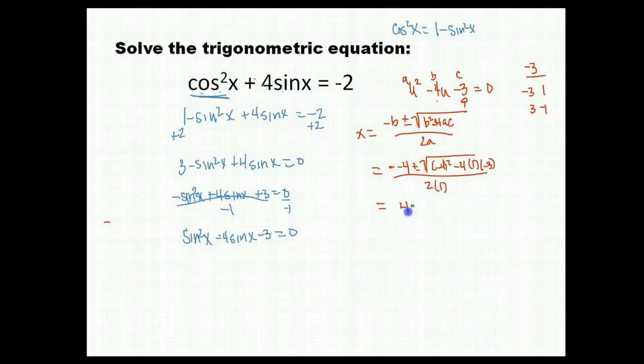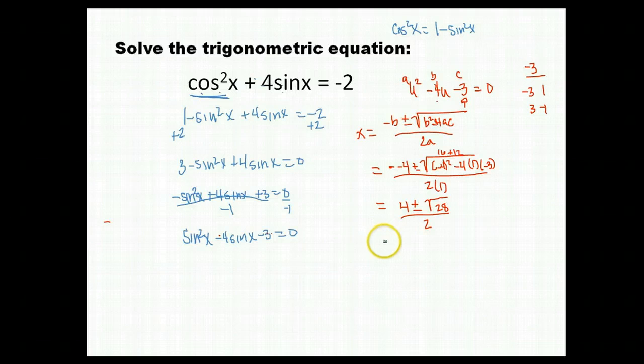Okay, here I get 4 plus or minus, negative 4 squared is 16. Negative 4 times 1 times negative 3 is a positive 12. So we go ahead and add those. 16 plus 12 is 28. So we have 4 plus or minus the square root of 28 divided by 2.